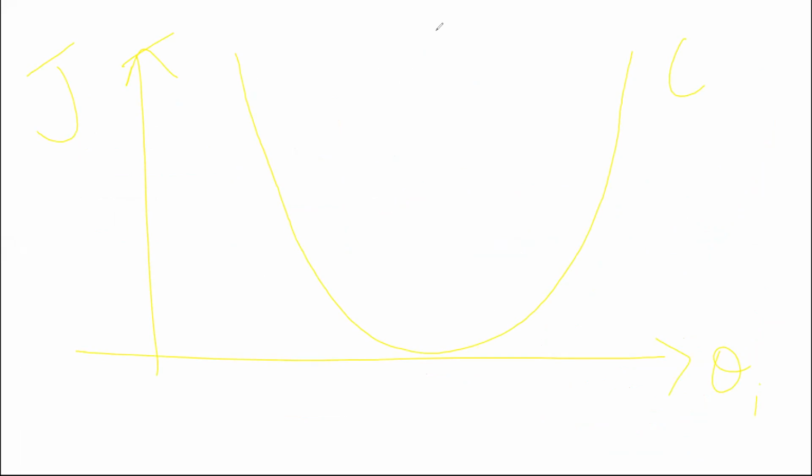If I am at this point, I want to go in the lower direction. Alpha is the parameter telling me how much step I should take towards the gradient. If I first took this step, I reached here, then I took this step, then I reached here. Similarly I reached here, and if I go this much step again, I will come to this point, the lowest minimum value of j.